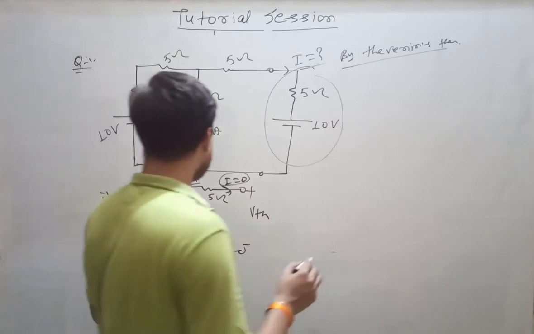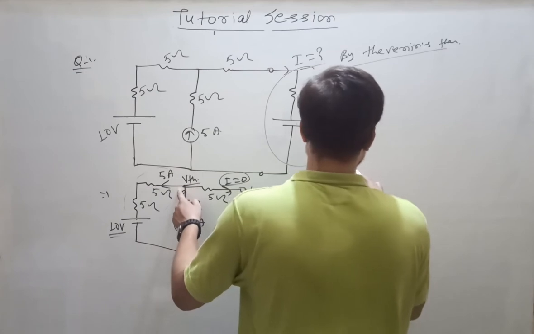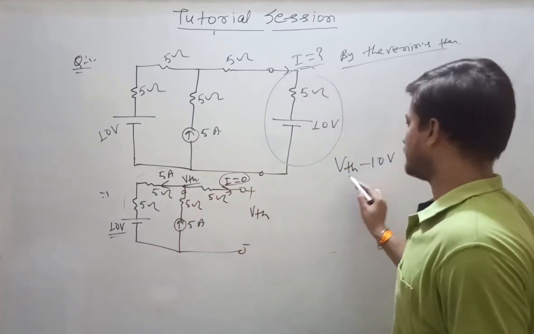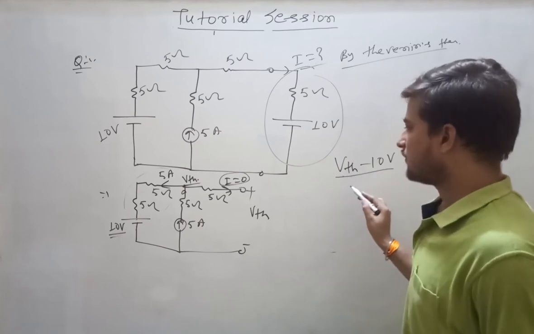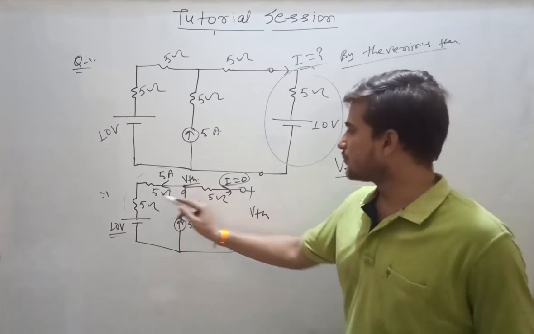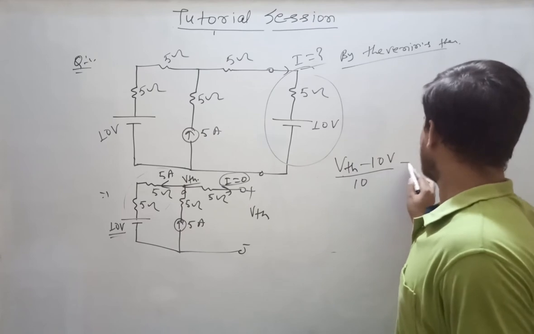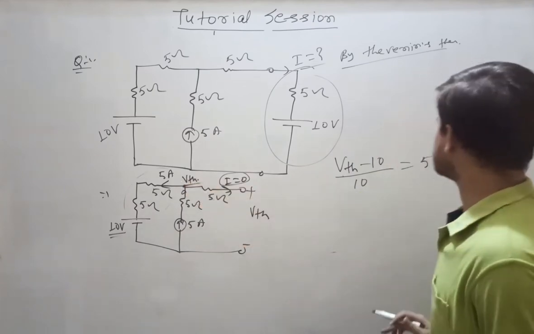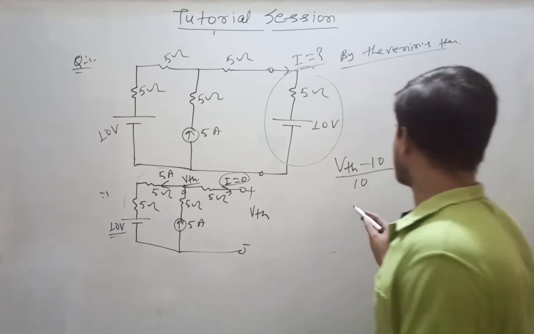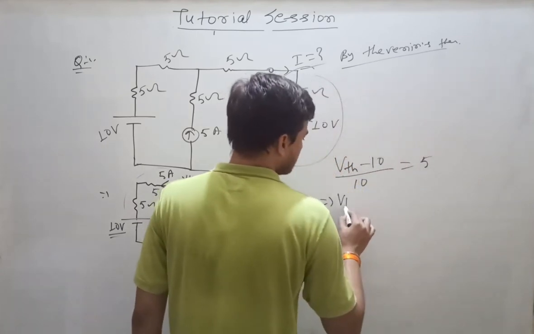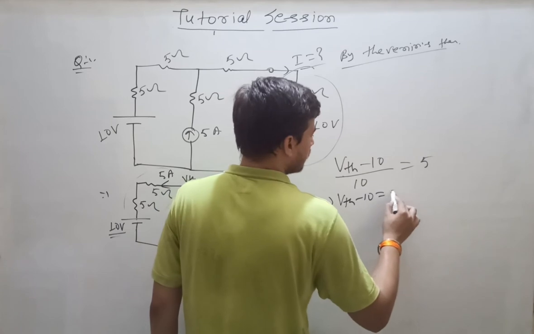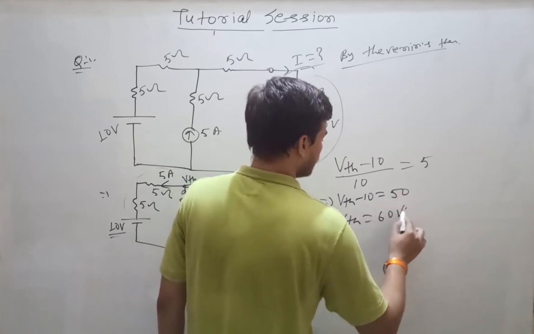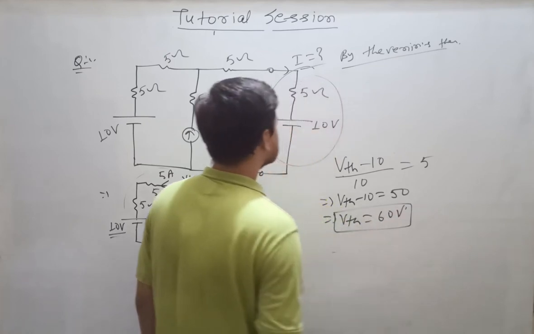You can write VTH minus 10 volt divided by the total resistance 5 plus 5, that means 10 ohm, will be equal to 5 ampere, which is the value of the current source. From here, VTH minus 10 equals 50. From here VTH is equal to 60 volt.